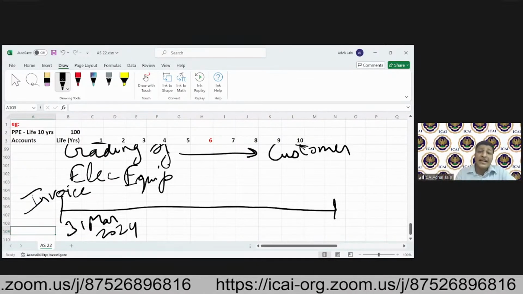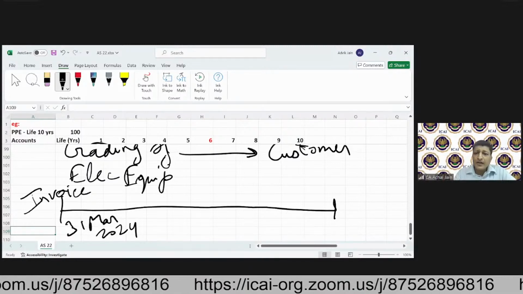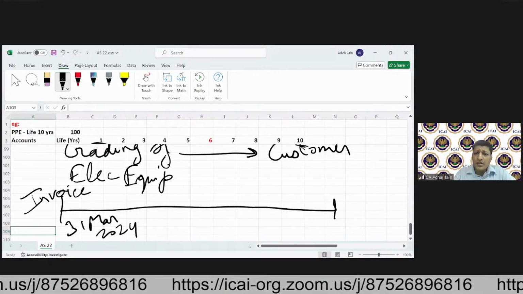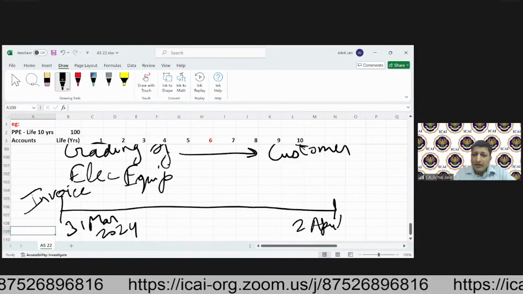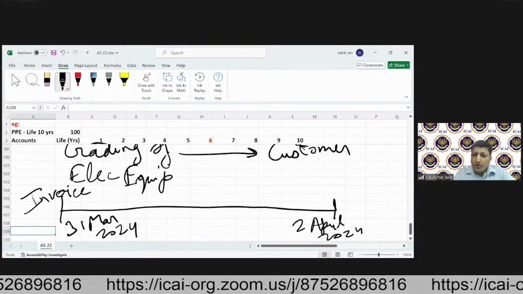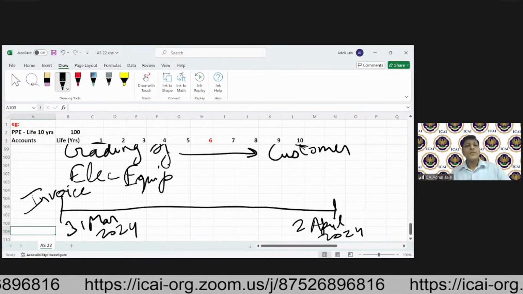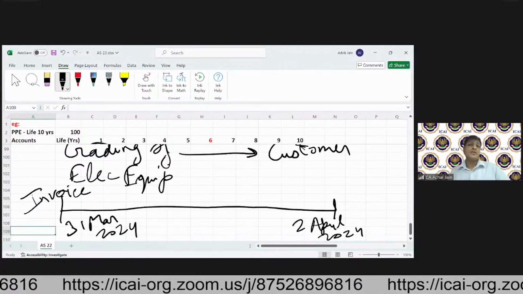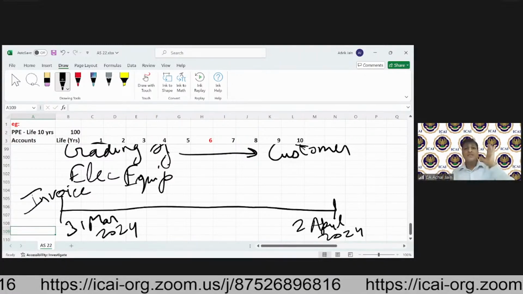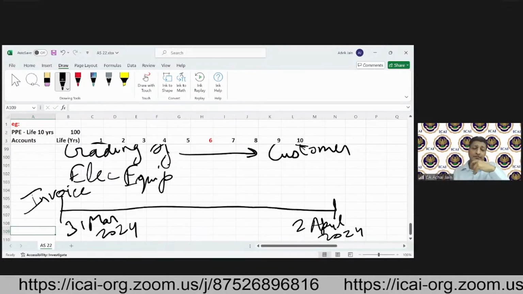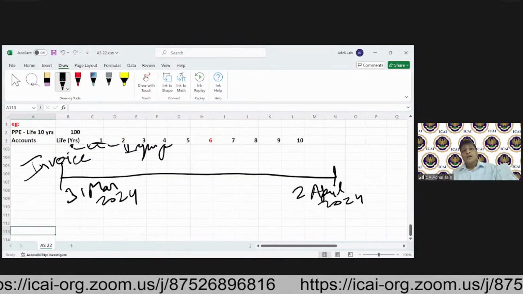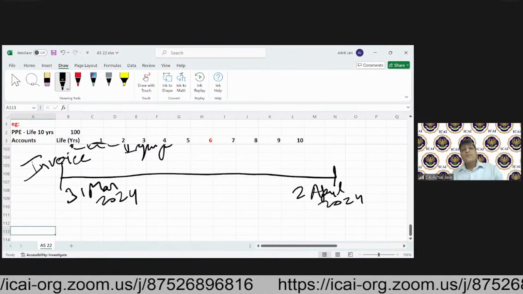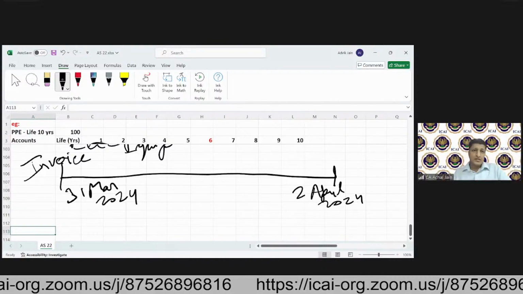And let's suppose it will take 2 days. So the goods will reach the location of the customer on 2nd April. That is when the significant risk and reward get transferred. Now, in this scenario, there are a couple of situations which are going to arise.